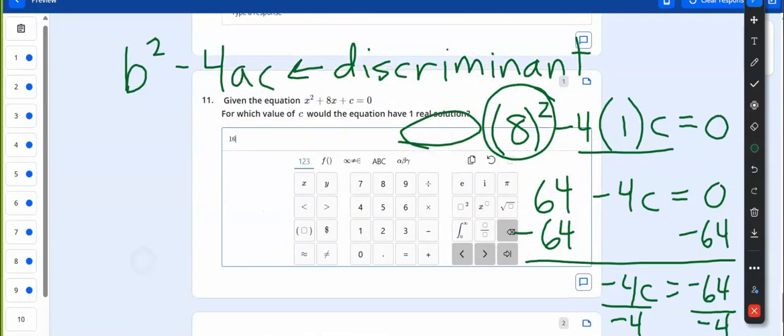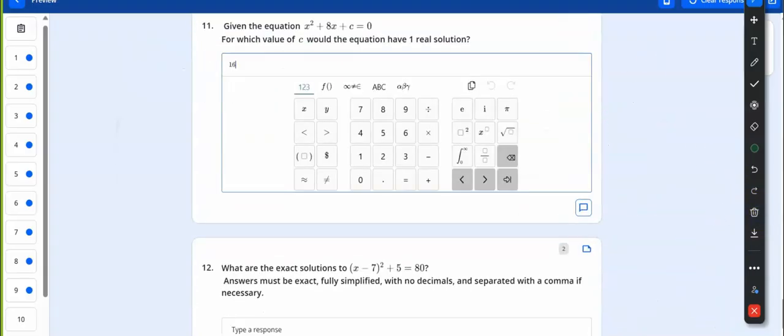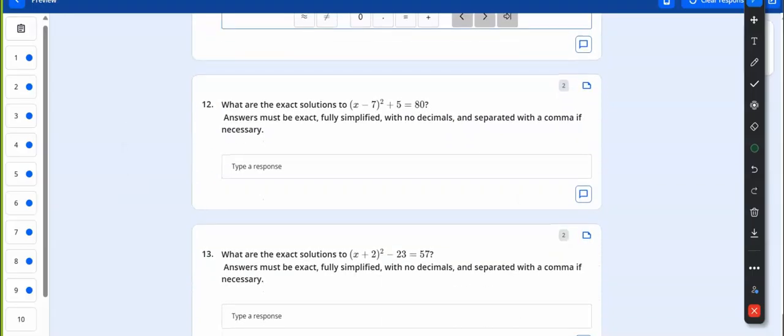Does that make sense what we did? Okay, hopefully, do you have all that written in your notes? Okay. Question 12, what are the exact solutions to this? Okay, tell me what to do first.